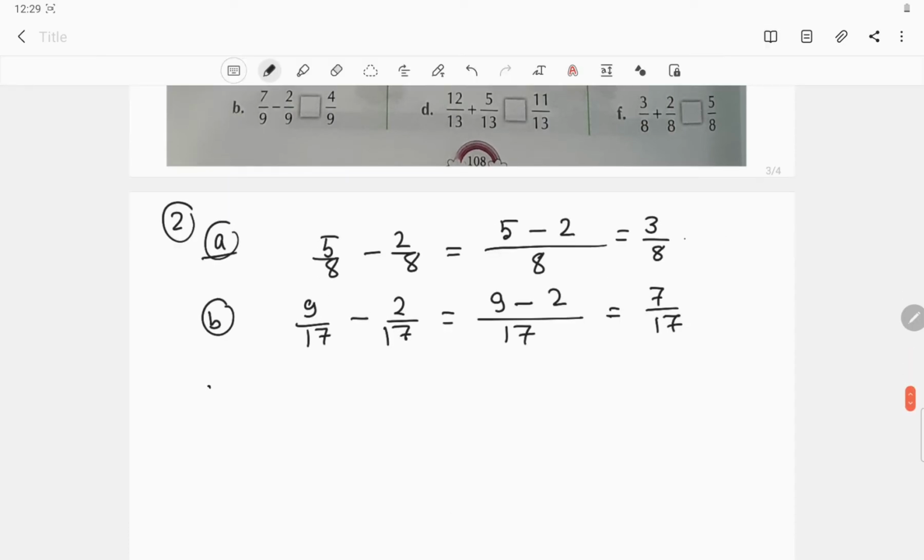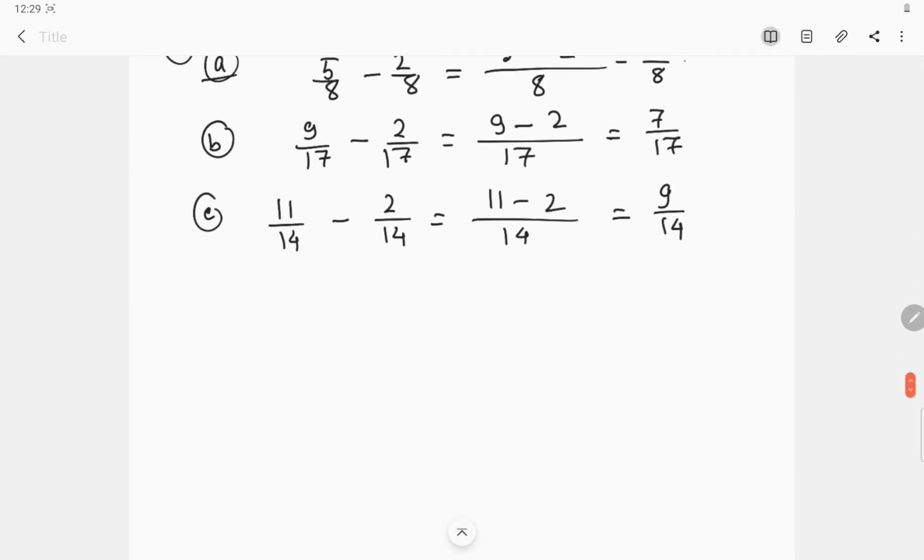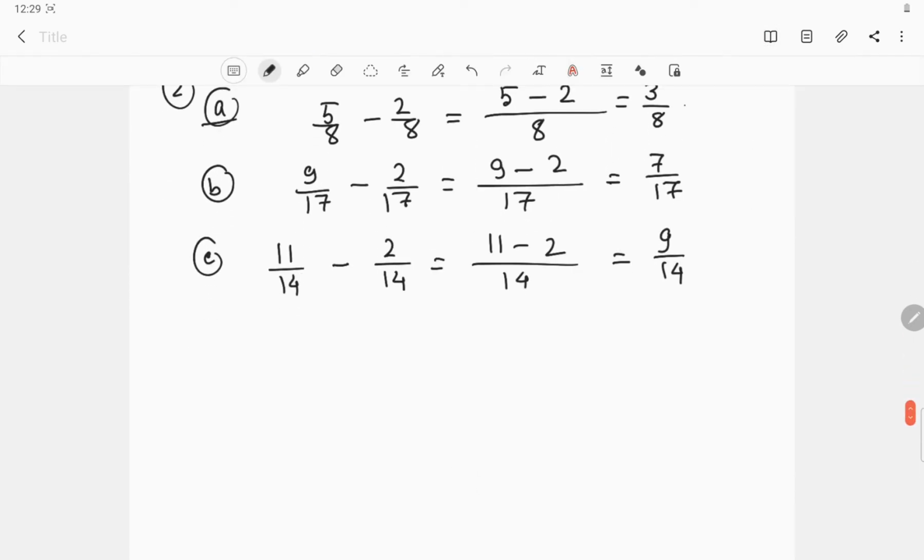Similarly, if I choose question number C, 11 by 14 minus 2 by 14, the process will be the same: 11 minus 2 is 9 by 14. Your work is only to subtract the numerators, right? Remember it. 7 by 9 minus 2 by 9, so it will be 7 minus 2, that is 5 by 9.